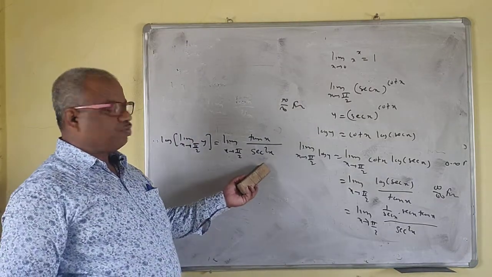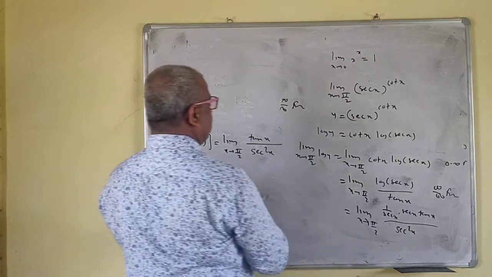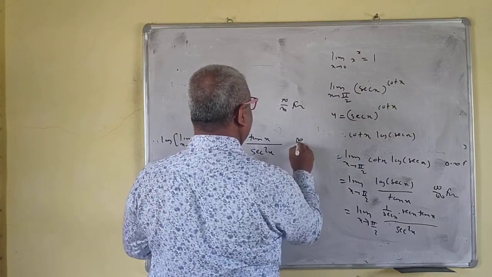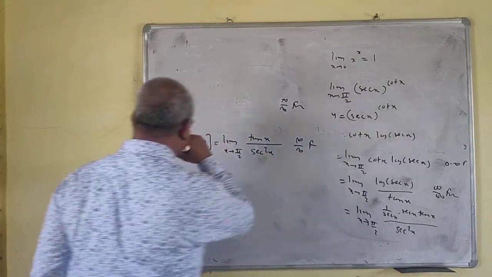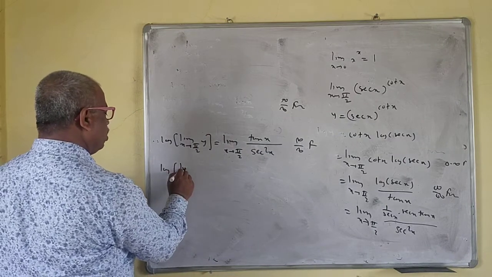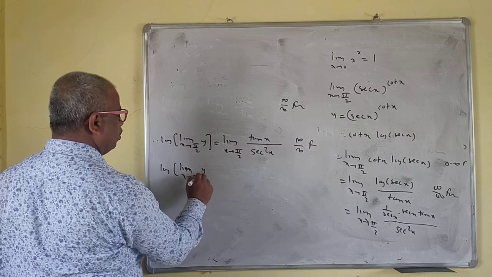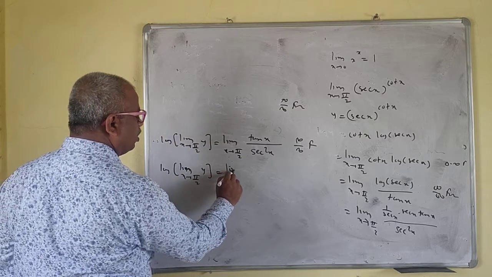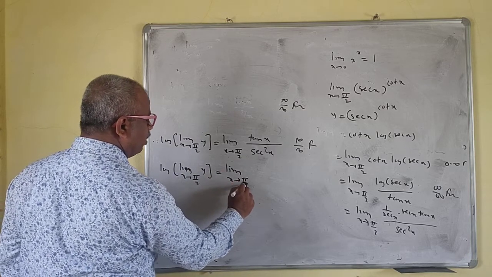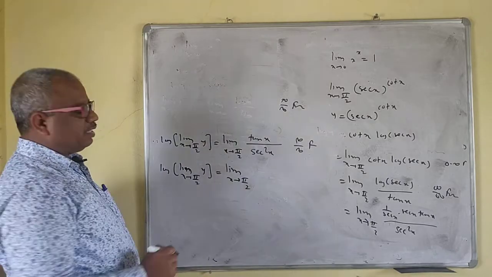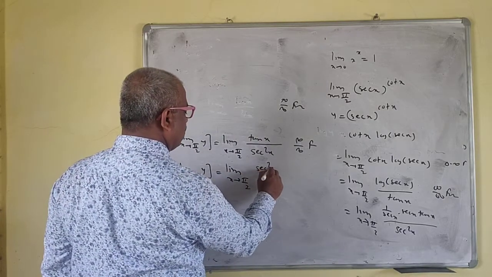Now sec square pi by 2 is 1 upon cos pi by 2. Again this is infinity by infinity form. Okay. So log of limit x tends to pi by 2 y is equal to limit x tends to pi by 2. So derivative of tan x is sec square x.